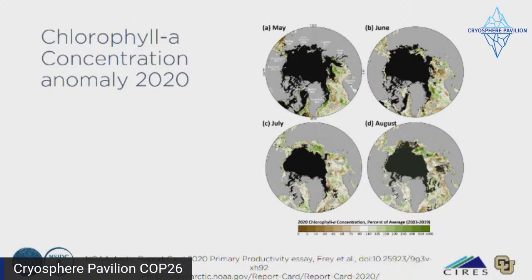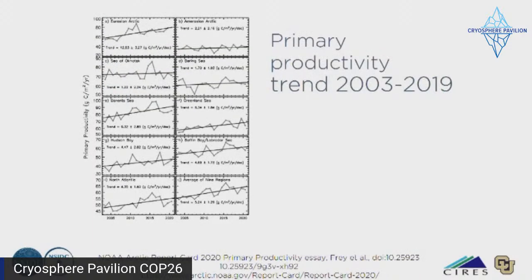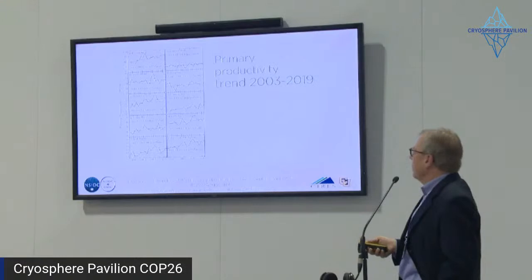And this is just one year, but we're seeing a general increase. This is from the same report, showing the time series from 2003 through 2019. There are some areas that are not showing a significant trend, but most areas are showing a fairly sizable increase in terms of primary productivity.